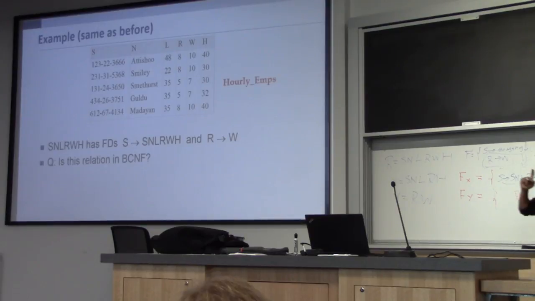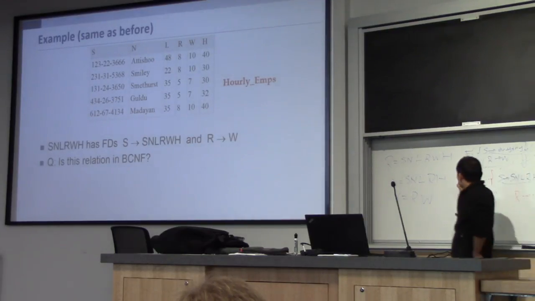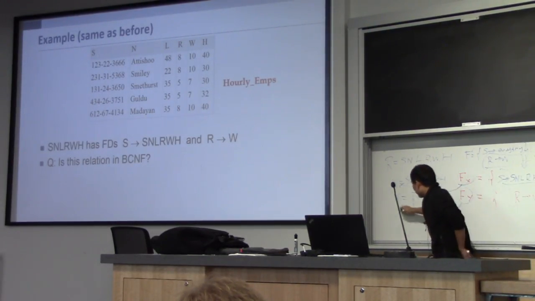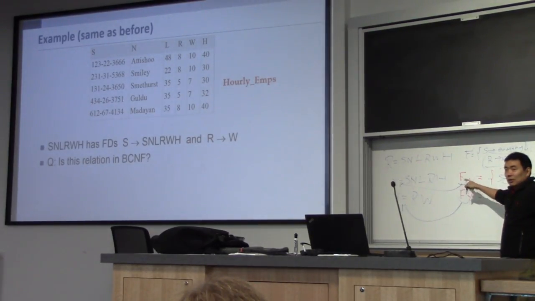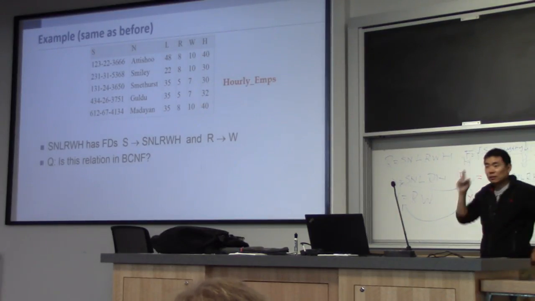Now I ask you the next question, which is a little bit tricky: enforcing Fx over X and enforcing Fy over Y, does this give you F? Yes or no?